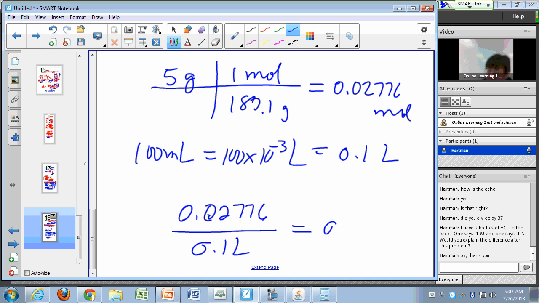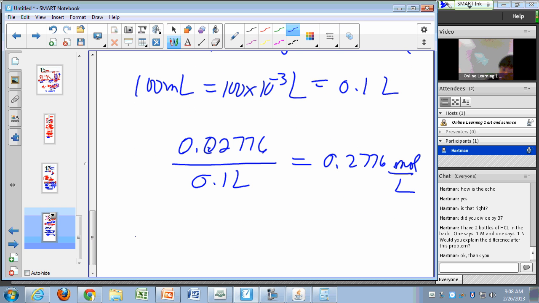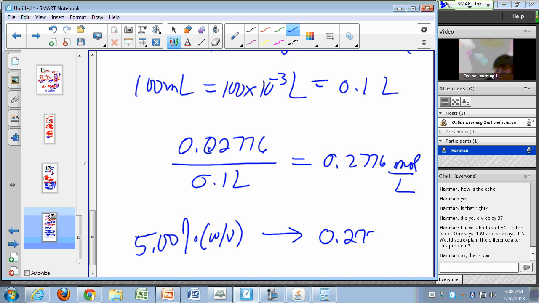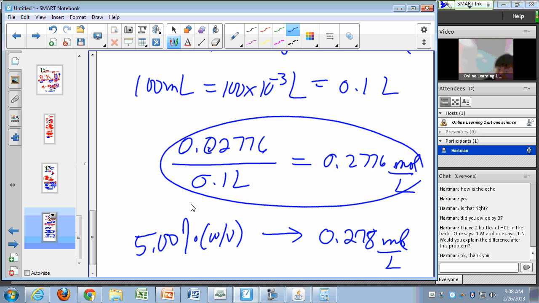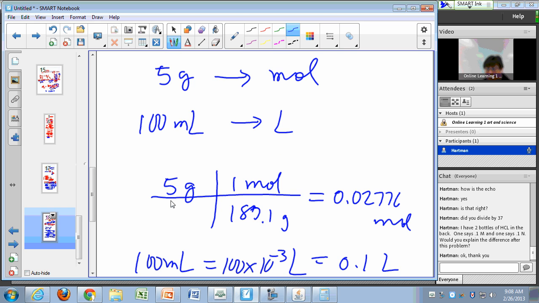So that gives me 0.2776 moles per liter. I'm just rounding it up to 4 sig figs. So if it was 5.00% weight by volume, W/V, then the molarity is 0.278 moles per liter. These numbers are just exact. I just rounded up to 4 sig figs. So that would be your molarity for your glucose solution.